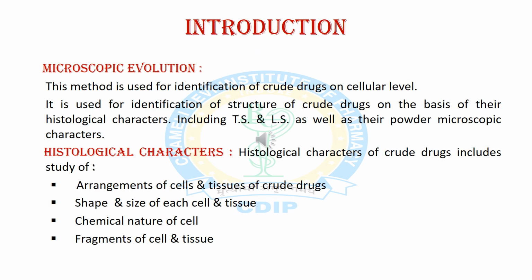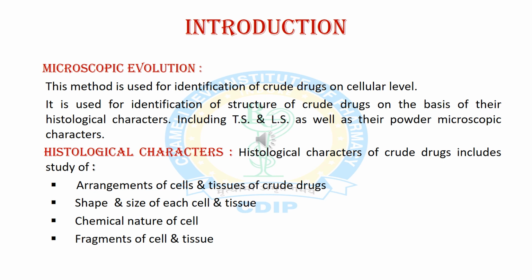In this slide, we will discuss the introduction of microscopic evaluation and histological characters. Microscopic evaluation is the method by which we can identify the crude drugs on cellular level. It is used for identification of structure of crude drugs on the basis of their histological characters like transverse section, longitudinal section, and their powder microscopic characters.